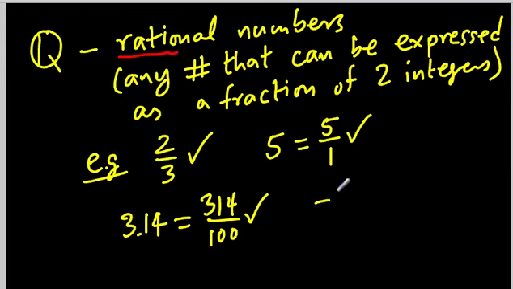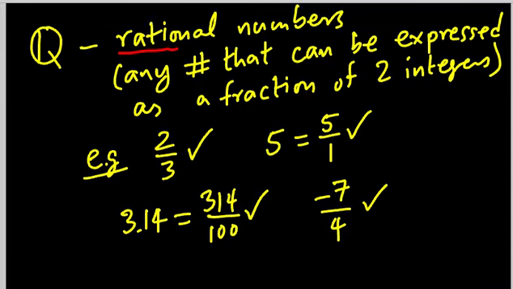And if I have -7 over 4, remember, rational numbers are not exclusive to positive numbers. They can also be negative. If you look at this, again an integer in the numerator and an integer in the denominator, so this too is rational.